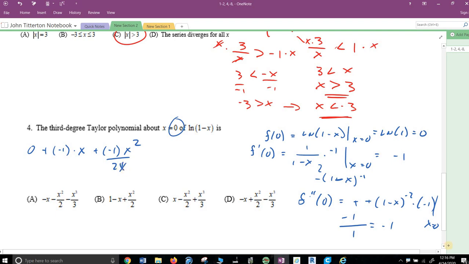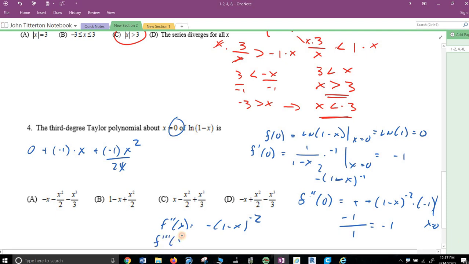One to go. We had this, f double prime of x is negative (1 minus x) to the negative second. So now I have to do the third derivative. Out of space a little bit here.